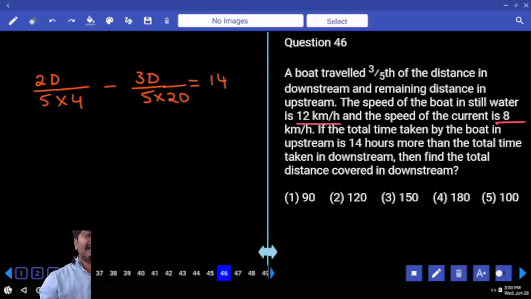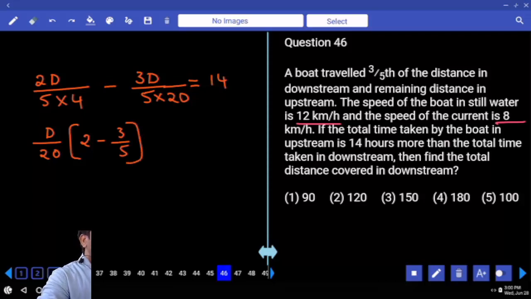So as earlier, here also we can take D by 20 common. 5 into 4 also. So what can we take common? D by 20. How much is left? 2 minus 3 by 5. How much is this value? 2 minus 3 by 5.